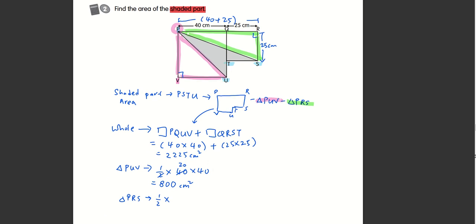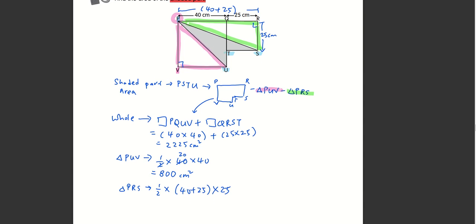So half times bracket 40 plus 25, close bracket, times 25. Let me write this a bit neater. I can use my calculator for this one.